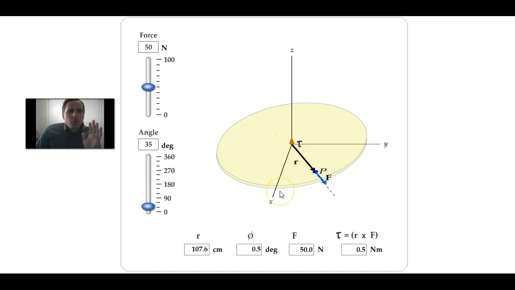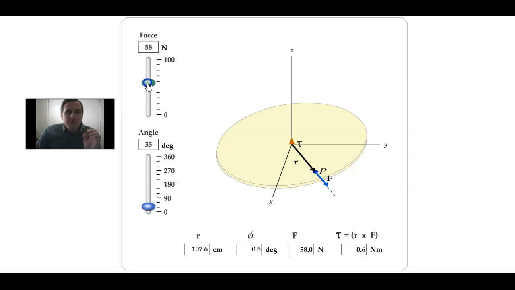So let's imagine what we can do to increase this torque. Suppose we increase the force. Notice that if we double the force, we do indeed get double the torque. But for that much greater force, we didn't get all that much more torque. We got double, but notice that this turntable is not going to rotate very much.